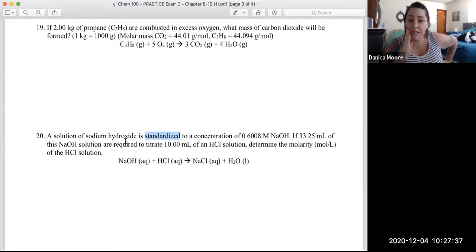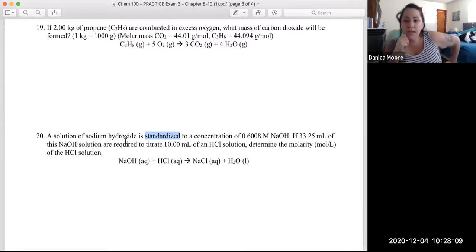Standardization is a method that we use in titration when you don't know the concentration of a solution. For example, sodium hydroxide is hygroscopic, meaning it takes water out of the air. Sodium hydroxide pellets are little white pellets, and if you leave them sitting out on a bench, they will turn into little puddles because they take water out of the air.